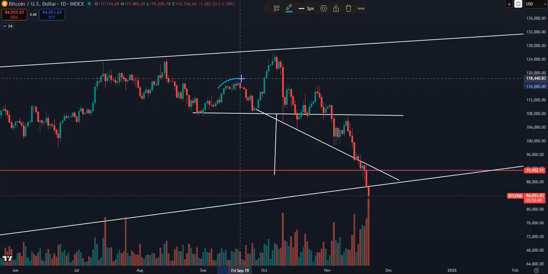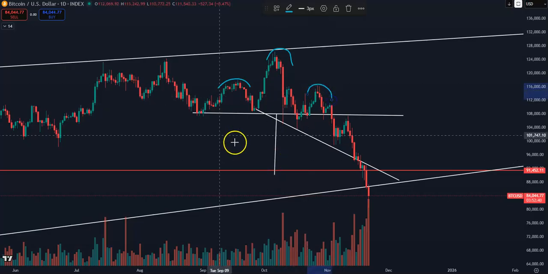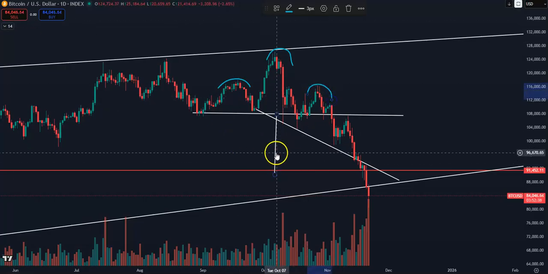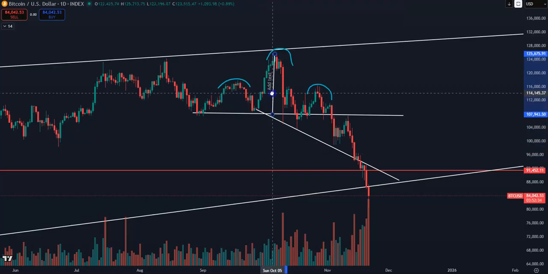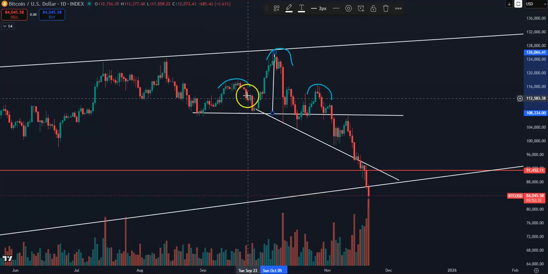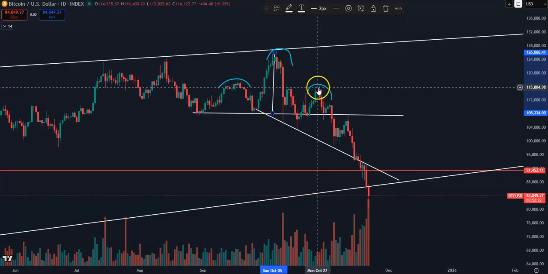For instance, right here, you literally have a head and shoulders pattern. In your head and shoulders pattern, the first shoulder and the head should have been noticed around 108,000, and then this bump up for the second shoulder as it started turning should also have been noticed.